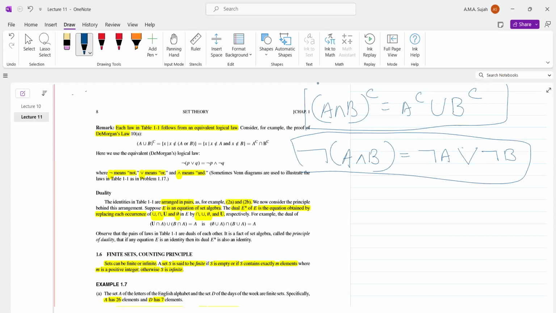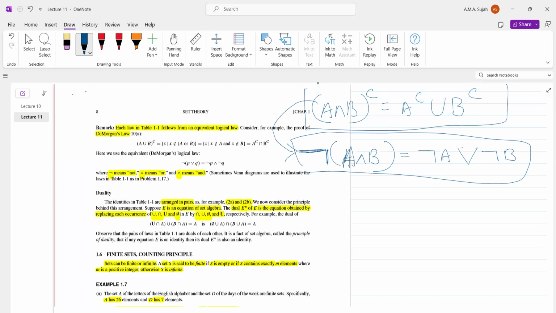Laws, right? So the same De Morgan's law in the set theory, we can apply in logic design as well. Here, for complement, we are using the not symbol. Here, A and B are two logic statements or logic components, right?